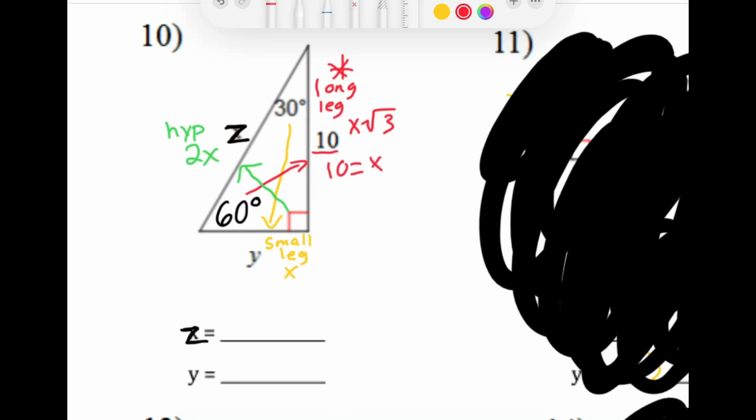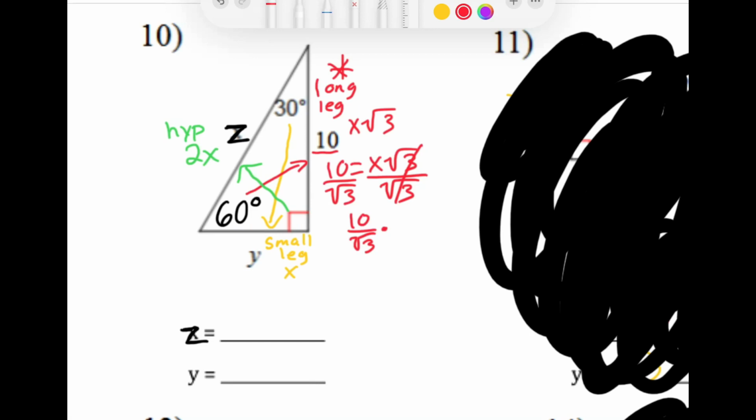So we're going to do 10 equals x times the square root of 3. To get x by itself, we have to divide by the square root of 3. We're left with 10 divided by the square root of 3. Hopefully some of you remembered that we cannot have the square root in the denominator, so we have to rationalize it.